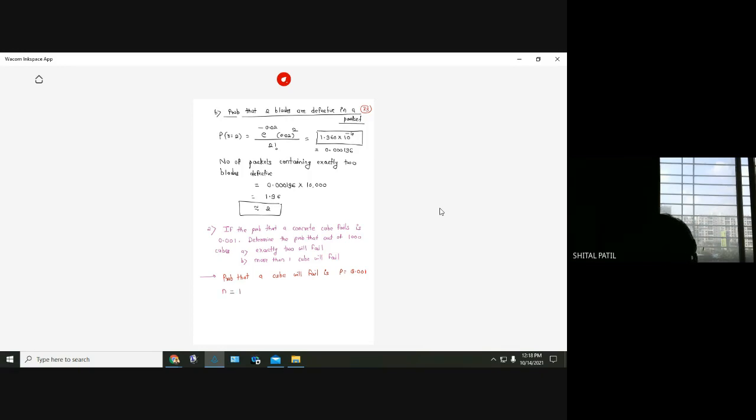N is the number of cubes, 1000. So the mean is 1.